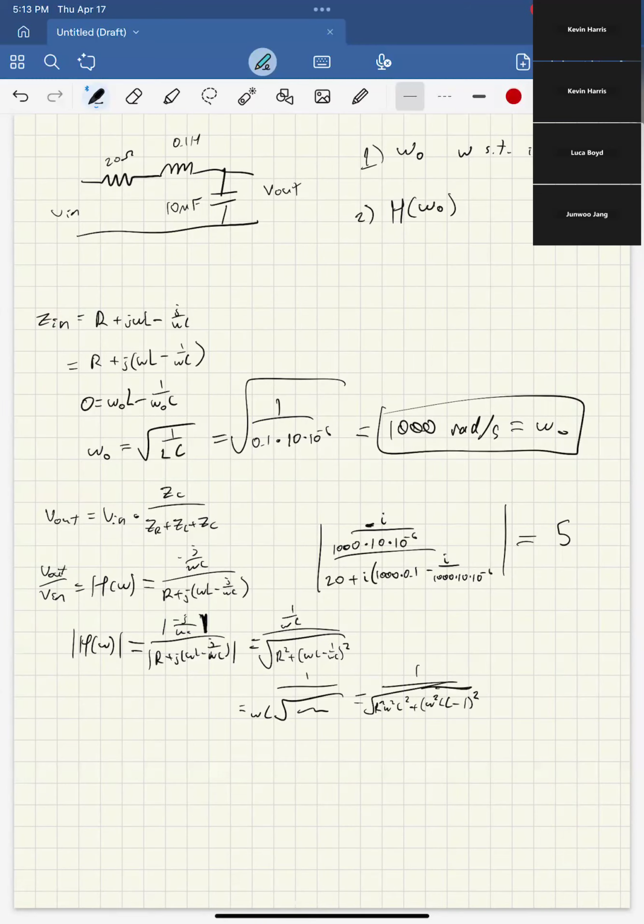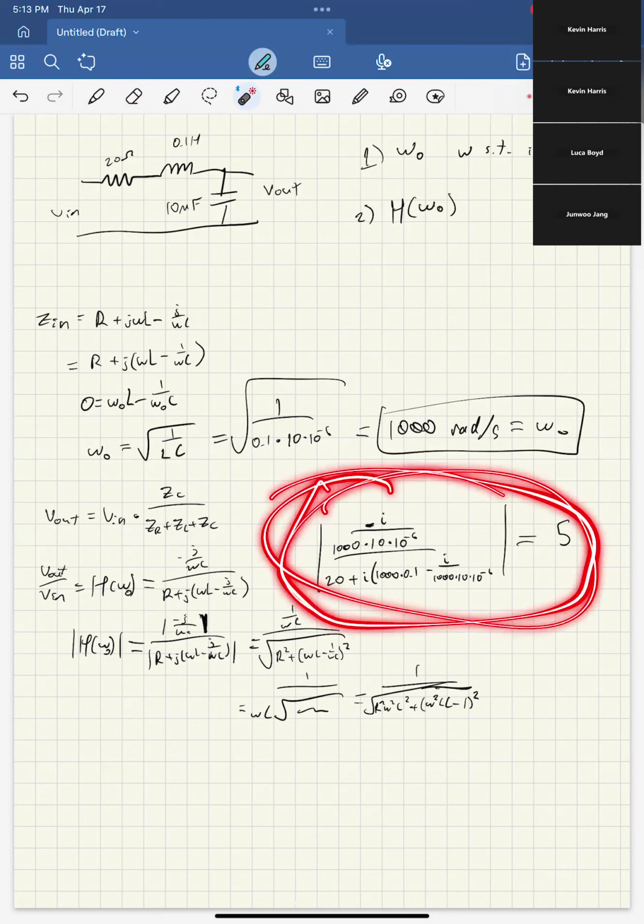And then remember, this question was asking about omega naught, right? If we're leaving this in symbolic form, again, I would highly recommend you just plug this into your calculator because this will get you an answer.